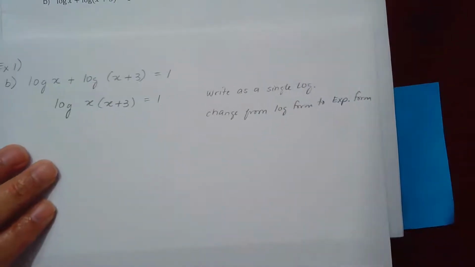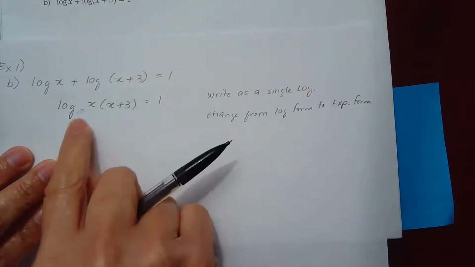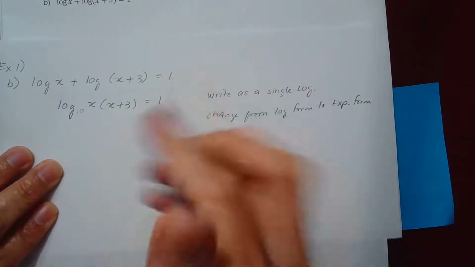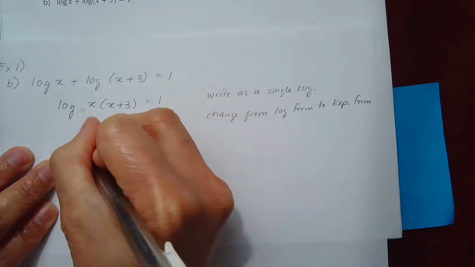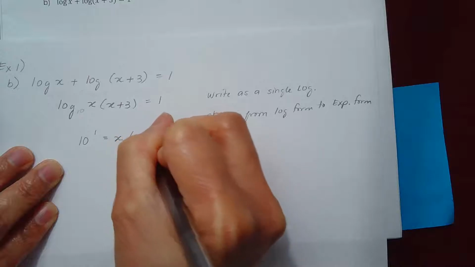Okay, so that means this is base 10. So 10 to the exponent 1 is equal to x times x plus 3.